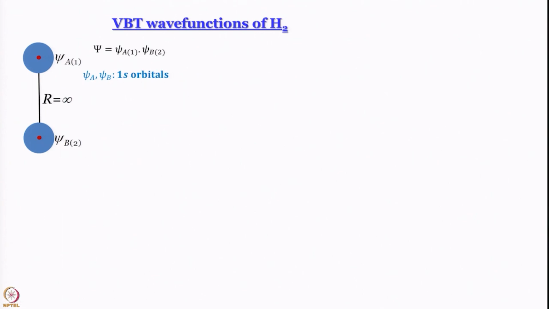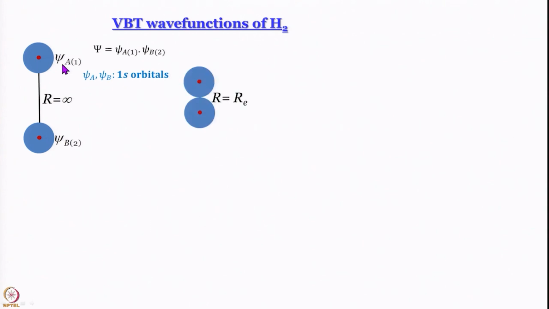This is what it is when they are very far apart. Electron number 1 is happily, blissfully ignorant about the presence of nucleus B, and electron number 2 is happily ignorant of the presence of nucleus A.